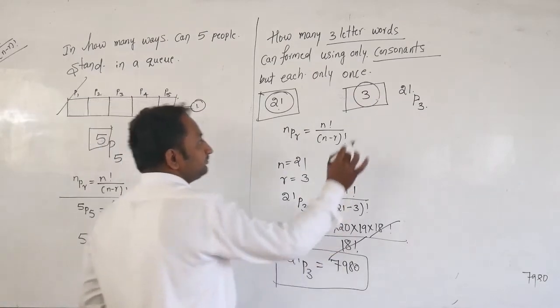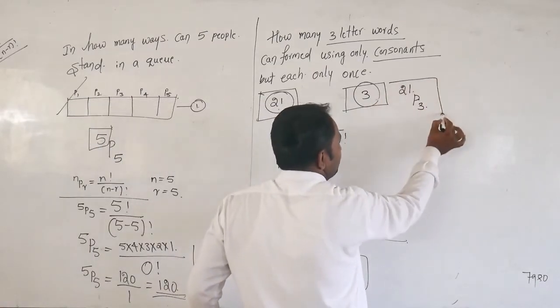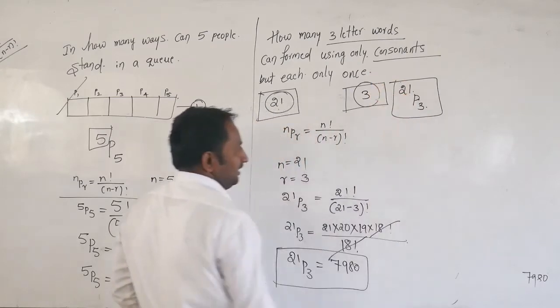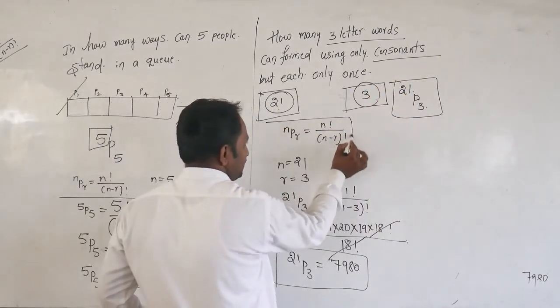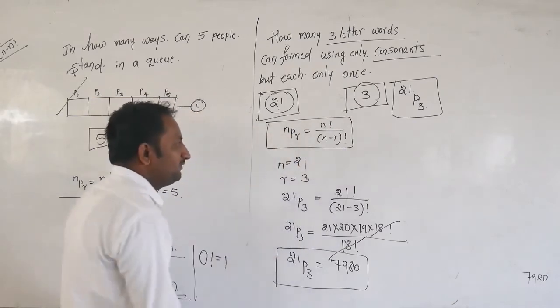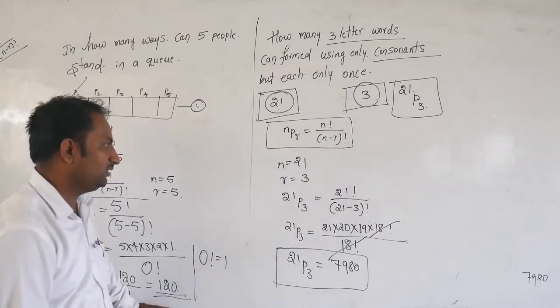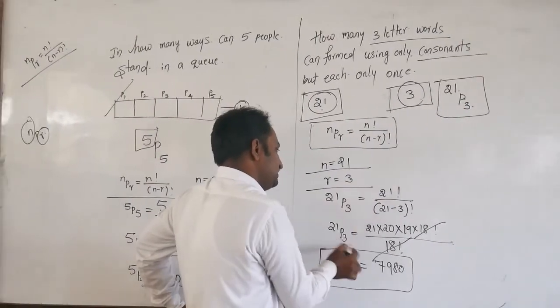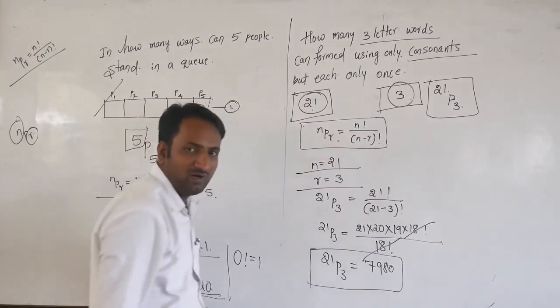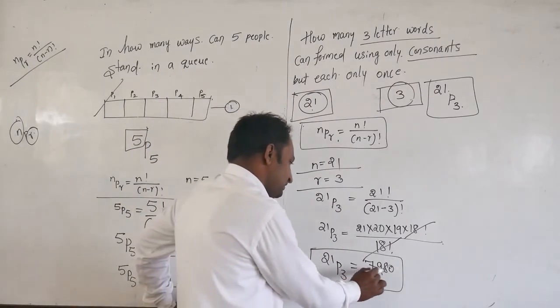Our answer is 21P3. We apply the formula nPr is equal to n factorial divided by (n minus r) factorial, where the n value is 21 and the r value is 3. Substituting in this formula, we get the result 7980.